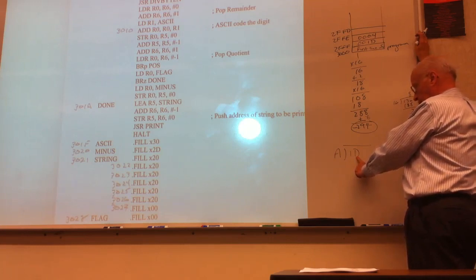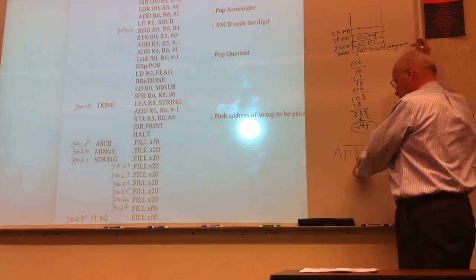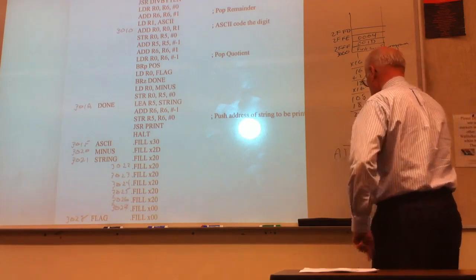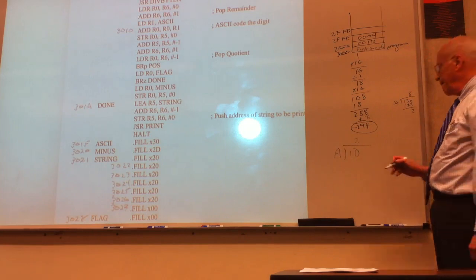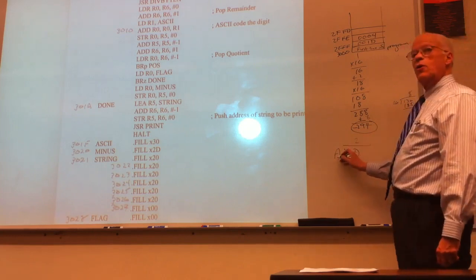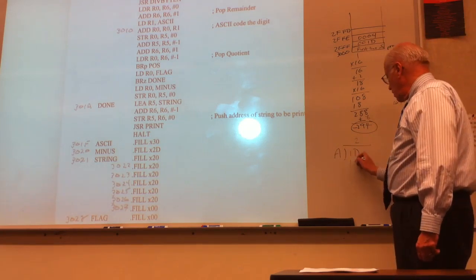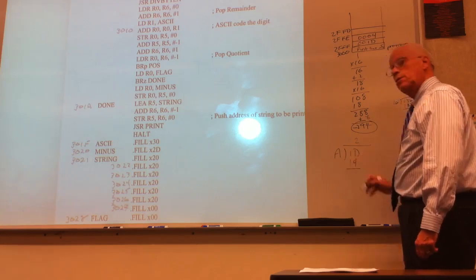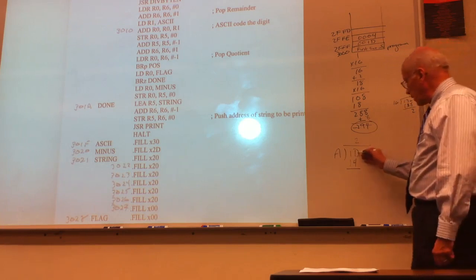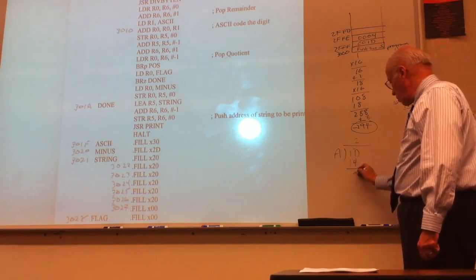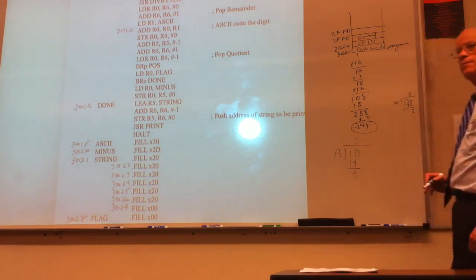Well, 1 times 16 is 16 plus 13 is 29. 10 will go in there twice. 2 times 10 is 20. That's 1 times 16 plus 4 in base 16. Now we subtract that. 13 minus 4 is 9.